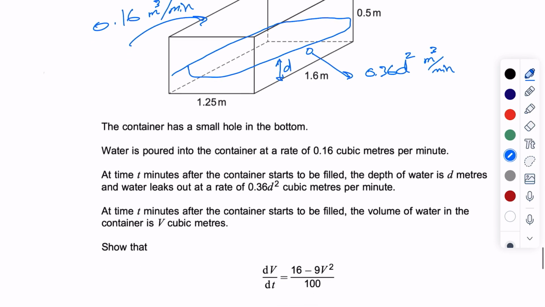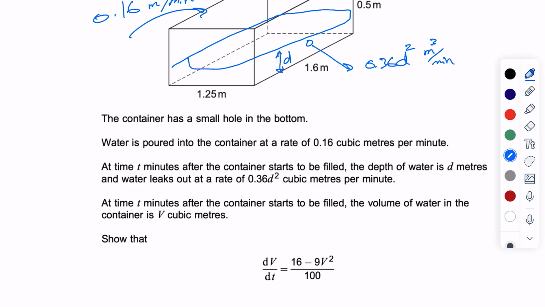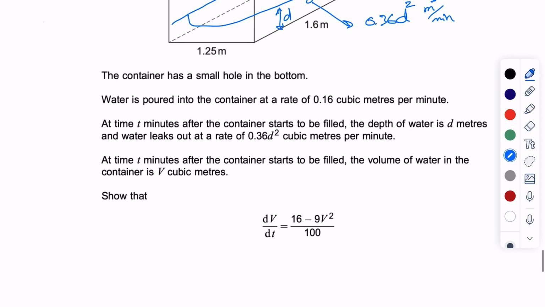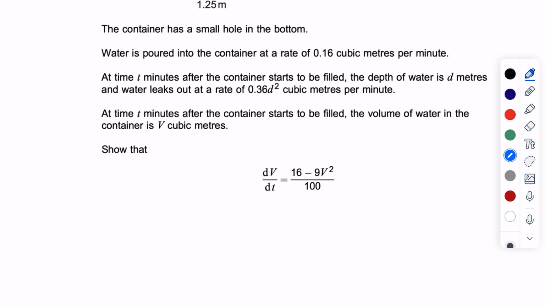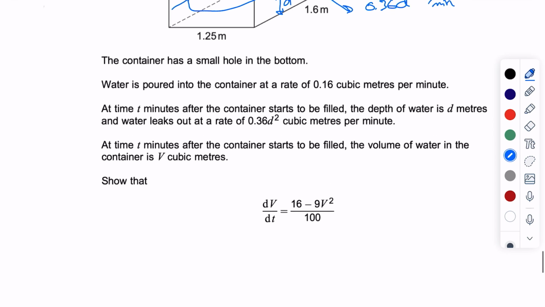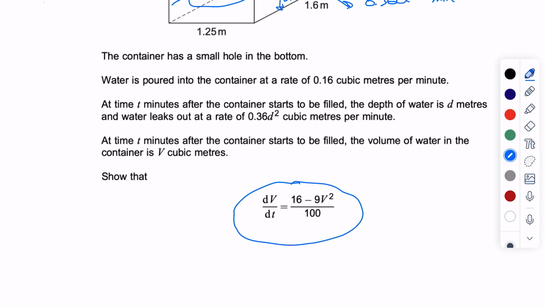So what we want to know is, after time of t minutes, as the container is being filled, and we have a volume of water V in cubic meters, we want to show that the change in volume with respect to time is equal to this function here.